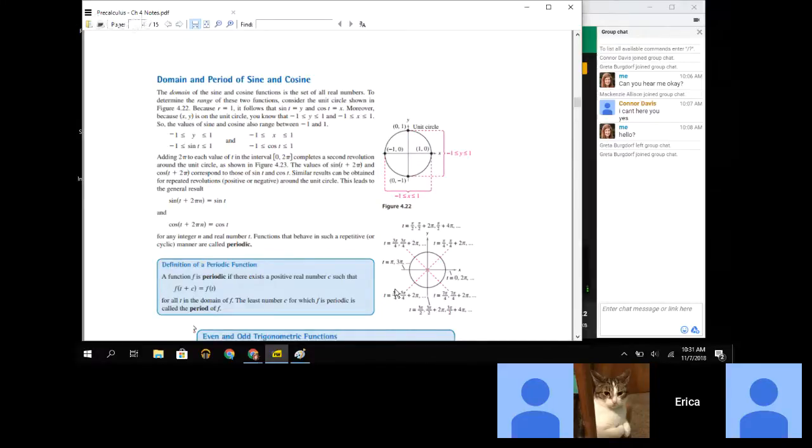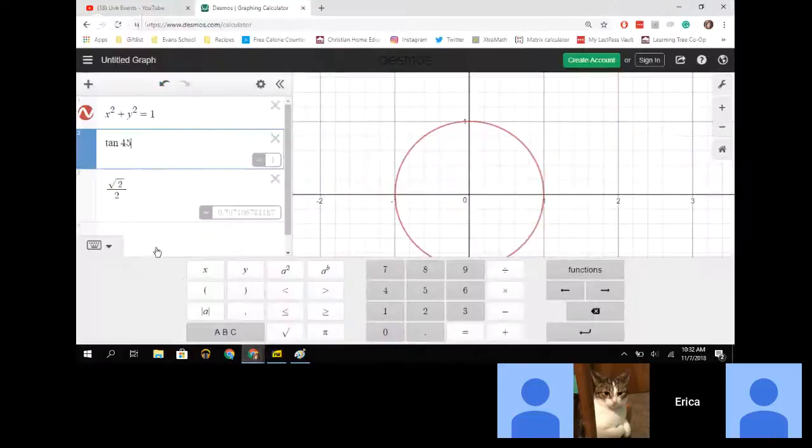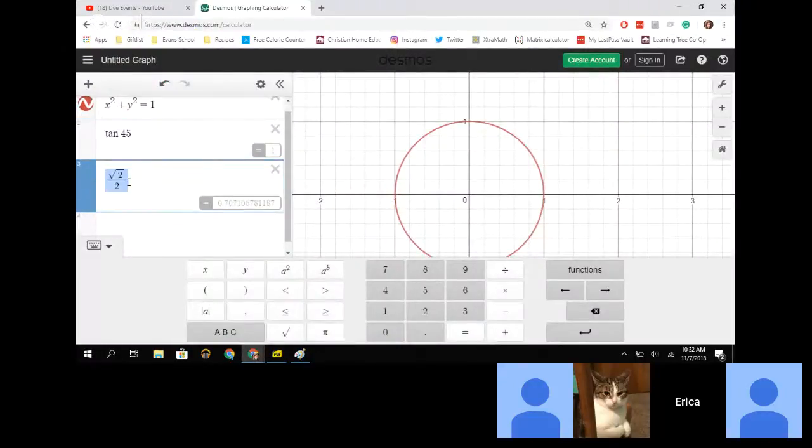So basically the idea is that when you have a sine or cosine of a number, if it's bigger than 360 degrees, or it's less than 0 degrees, like say I wanted you to find the sine of a negative 30, right? You can think about where that is on the unit circle based off its position. And then you kind of get this curve where you're rolling out the unit circle. And that's why the sine function, when you graph it, looks like, you ever graphed a sine function before?